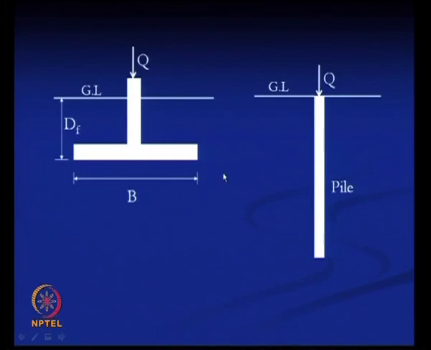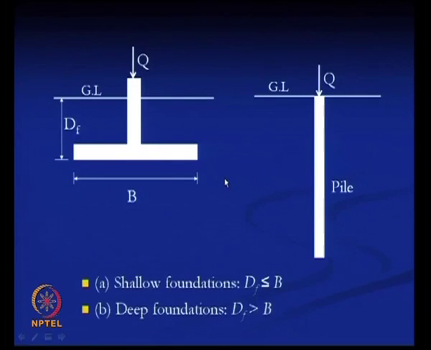So, what is a shallow foundation? There are typically two different types of foundation. One is the shallow foundation and the other is the pile or deep foundation. The definition of the shallow foundation is: suppose this is the width of the foundation B and df is the depth of the foundation.